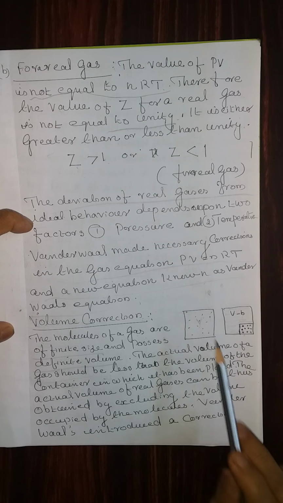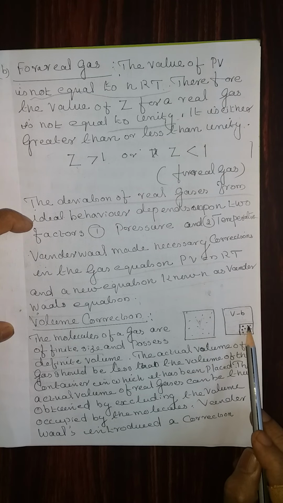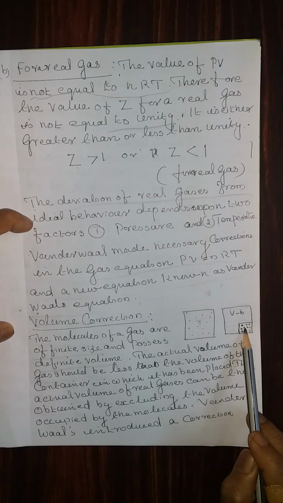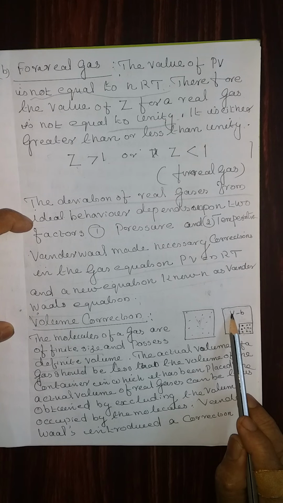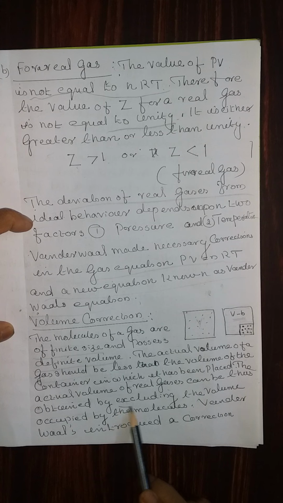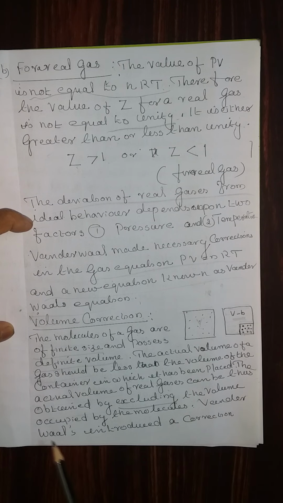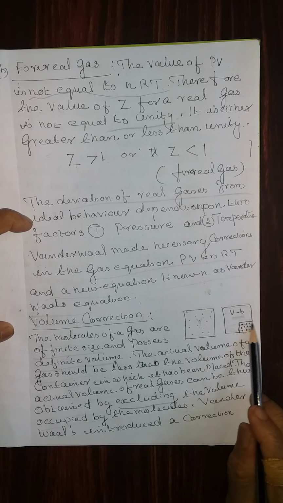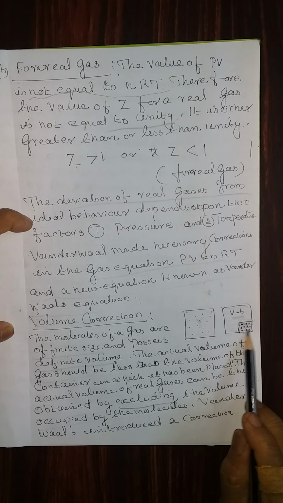If V is the volume and the volume occupied by the particles is b, V minus b is the actual volume. The actual volume of real gases can thus be obtained by excluding the volume occupied by the molecules. This is the volume to be excluded.